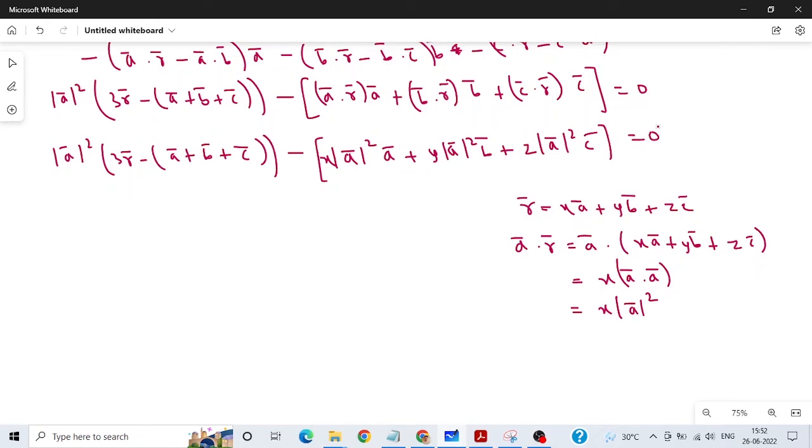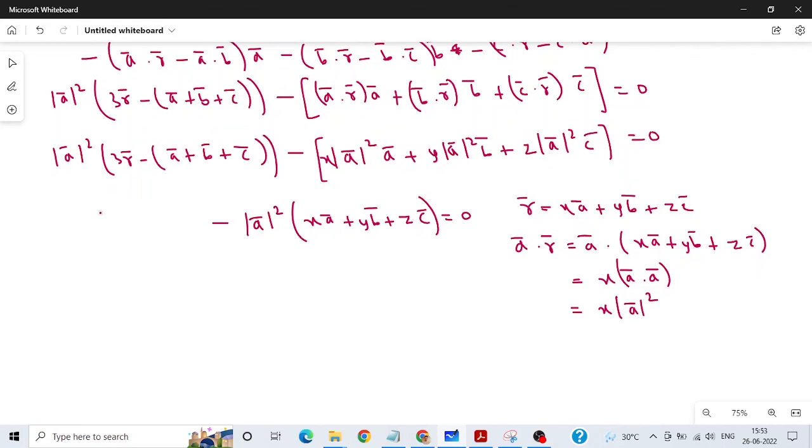This is equal to 0. So the first term remains the same, minus. Now we can take mod of a bar square common. So we are left with x a bar plus y b bar plus z c bar, and this is equal to 0.